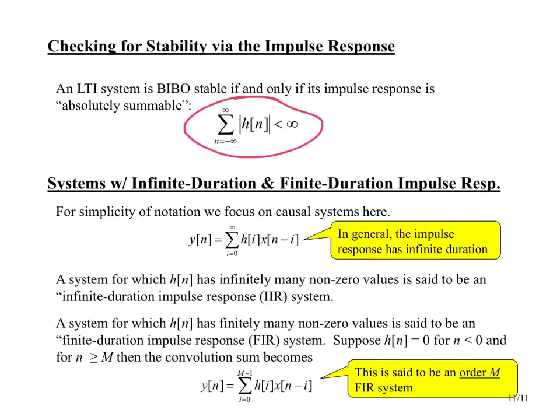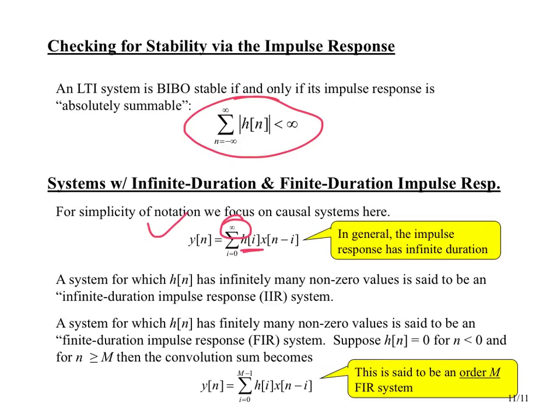And then finally, to finish things up here, we'll talk about systems with infinite duration and finite duration impulse response. This was our general result for a causal system, and we needed to go all the way up to infinity here. That's because in this form, we're considering the impulse response to go on forever.